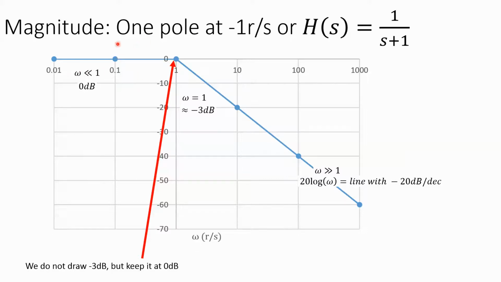So when we're looking at this pole, we come right up to the critical frequency of 1. Even though we know it's minus 3 dB, the way we plot it by hand is we keep it at 0 dB. Then we just draw our line and we go down 20 dB for every decade. All right.